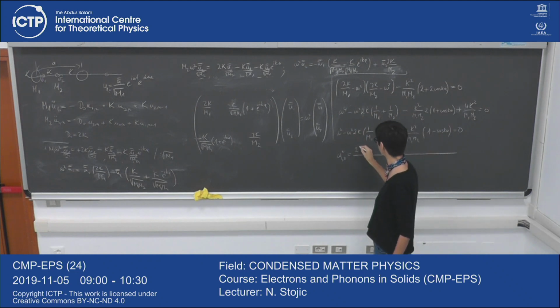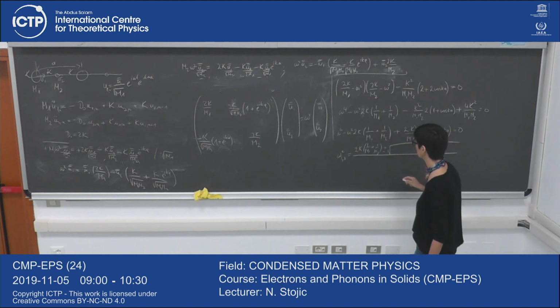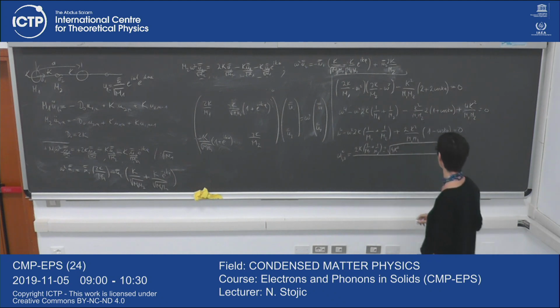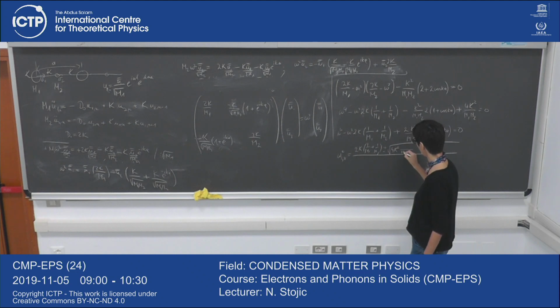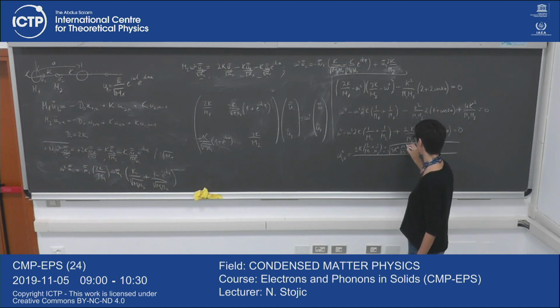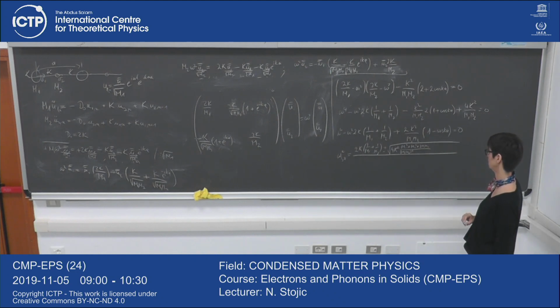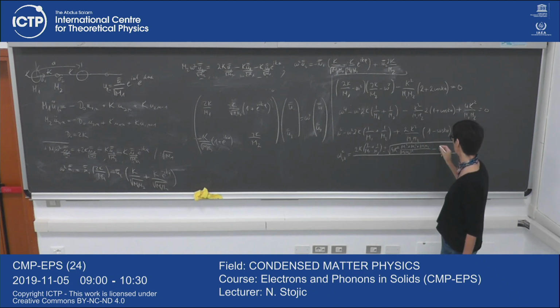Minus b, so this squared, 4k squared and 1 and 2 squared, and then m1 squared plus m2 squared plus 2m1 and 2, minus 4 times, which will be 8, k squared and 1 and 2.